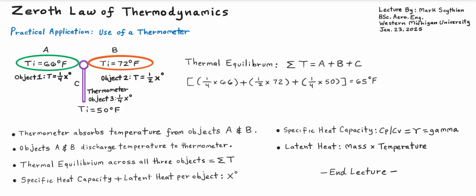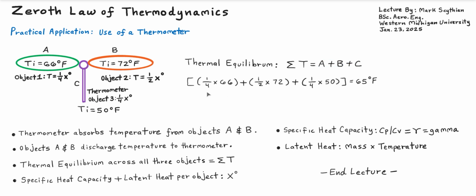So it would be incorrect to only focus on the heat absorbed from objects A and B into the thermometer. We also have to account for the thermometer itself potentially losing heat as well, rather than gaining heat. But the culmination is the thermal equilibrium, the sigma T is equal to A, B, and C.